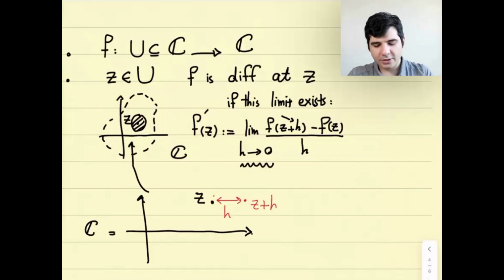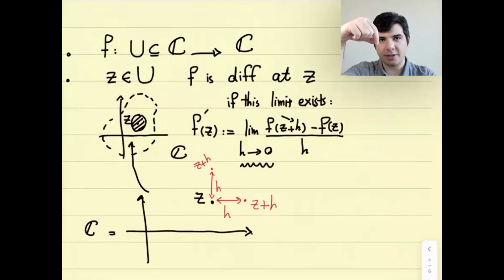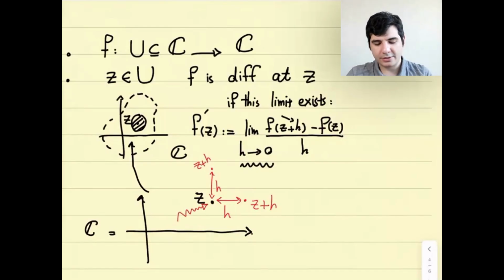However, we can pick H to be this one, and then Z plus H would be here. And as H is going to 0, Z plus H would be converging to Z from above. Or it might be that H is converging to 0 this way. So Z plus H is going to Z along a weird path, or maybe along this other thing.